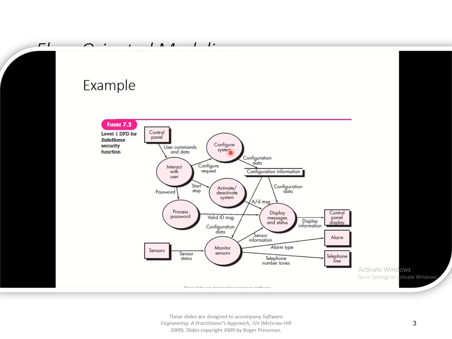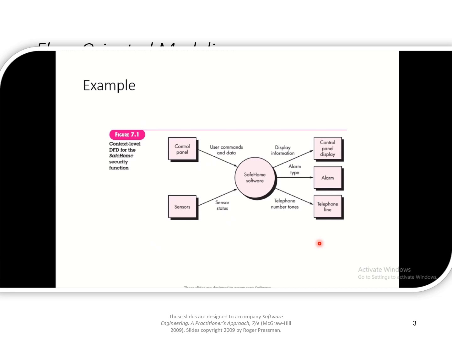Further, you can say that the configure system details can be referred to the data store, and this information is displayed as messages and status, and there is a monitor which makes the sensor status enabled. And finally, we have these outputs, which were clearly shown in the previous diagram as well: control panel, alarm and telephone lines.